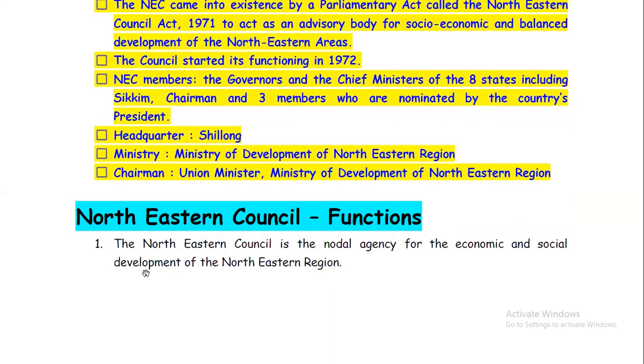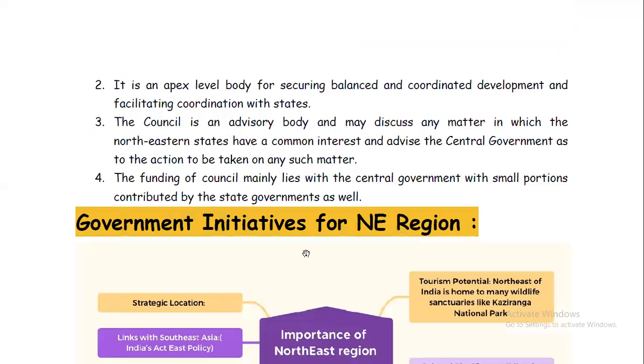Specifically, we have to look at the functions of this council also. The Northeastern Council is the nodal agency for the economic and socio-development of the Northeastern region. It is an apex level body for securing balanced and coordinated development and facilitating coordination among the states.